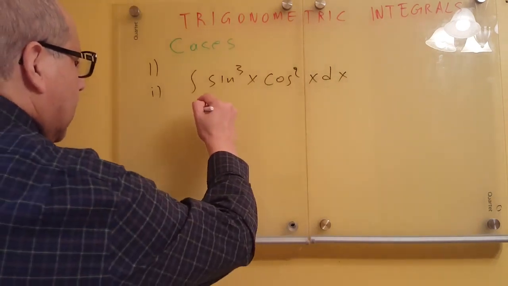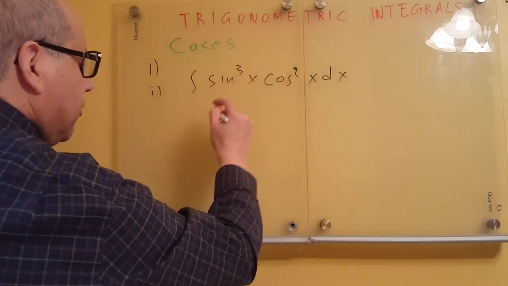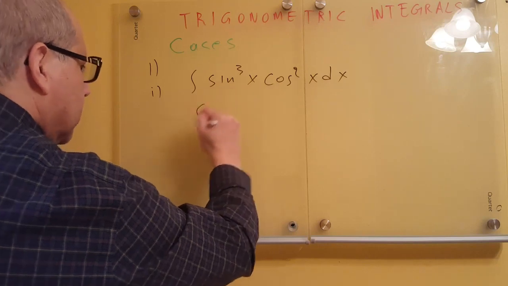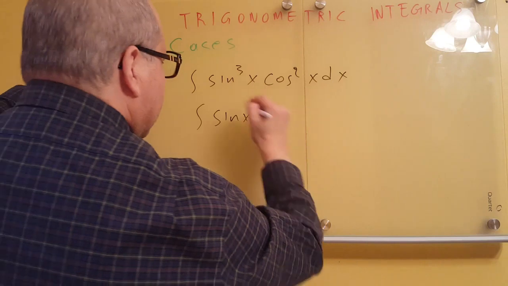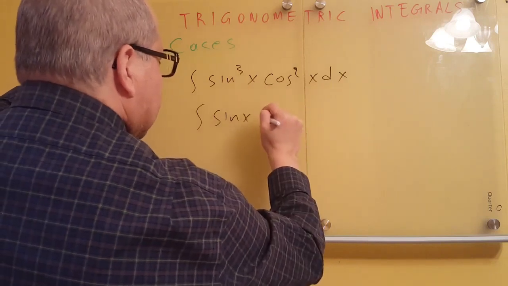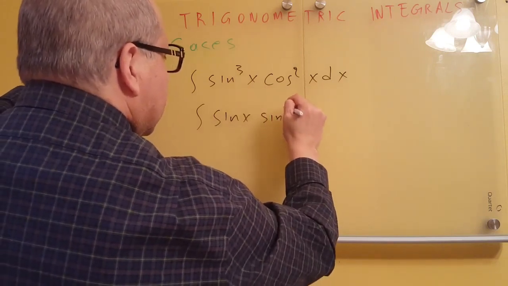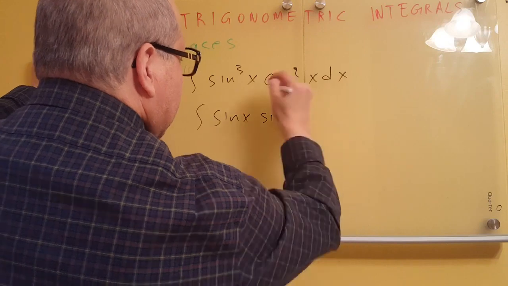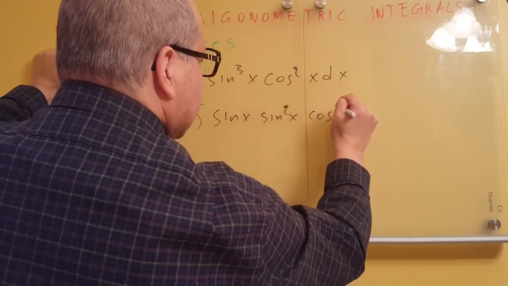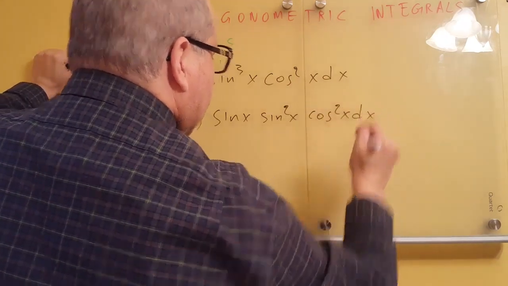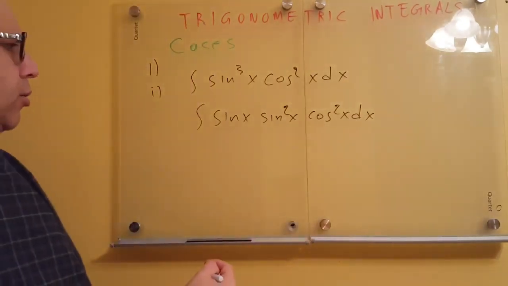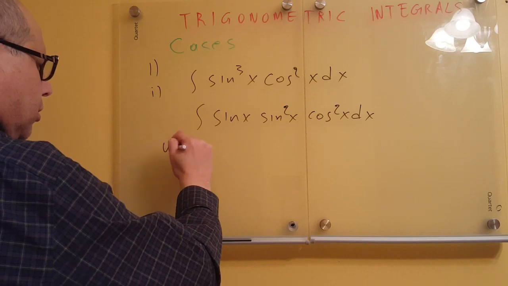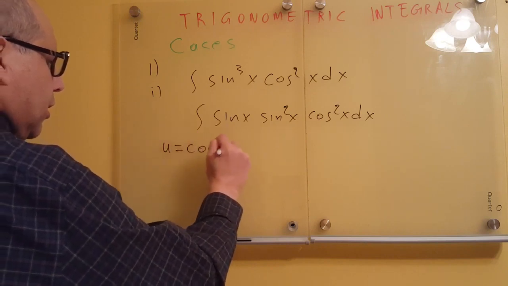So that means that we save a power of sine x, sorry. And then you write the rest. So it will be sine x times sine square x, then of course times cos square x dx. And always here we substitute that u is equal with cos x.